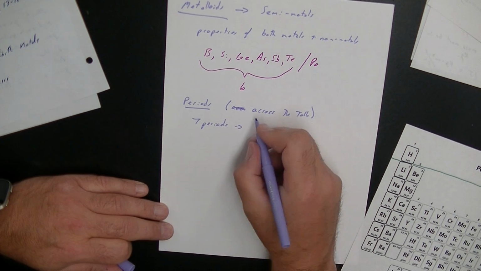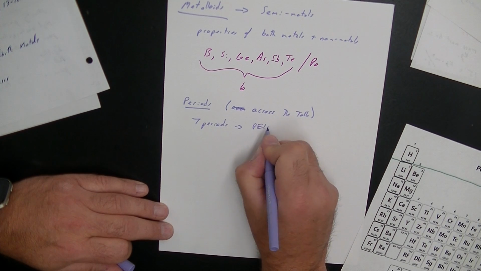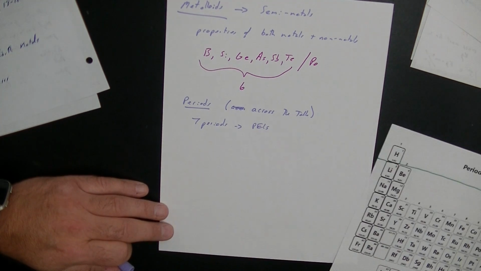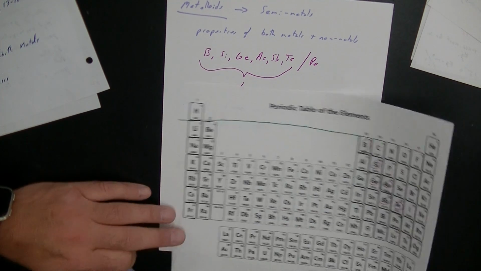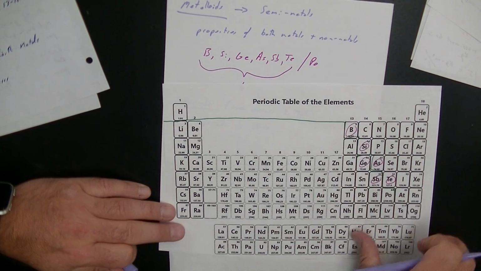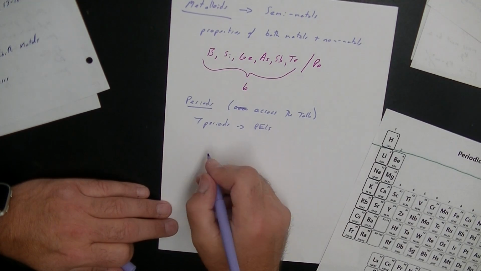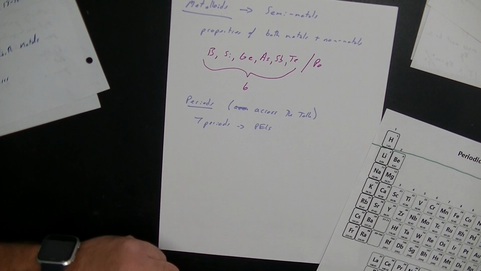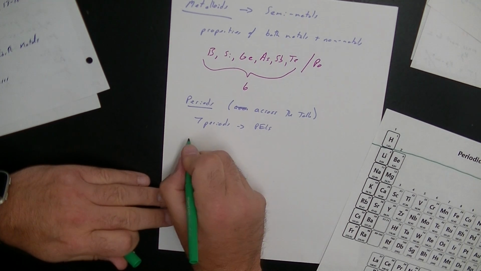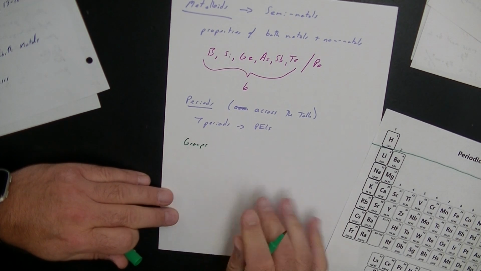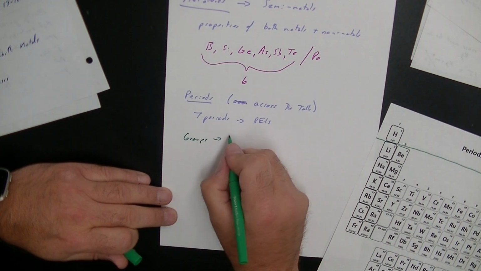And they correspond to the PELs. Going up and down, those are called groups, sometimes called families.